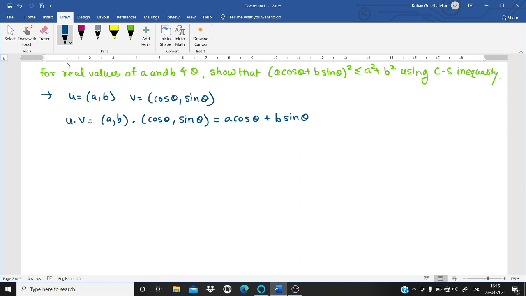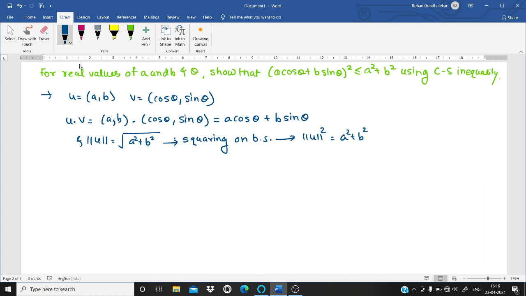Now, the norm of u. What is the norm of u? By definition it is the square root of a square plus b square. Therefore squaring on both sides, we have norm u square is equal to a square plus b square. Clear?